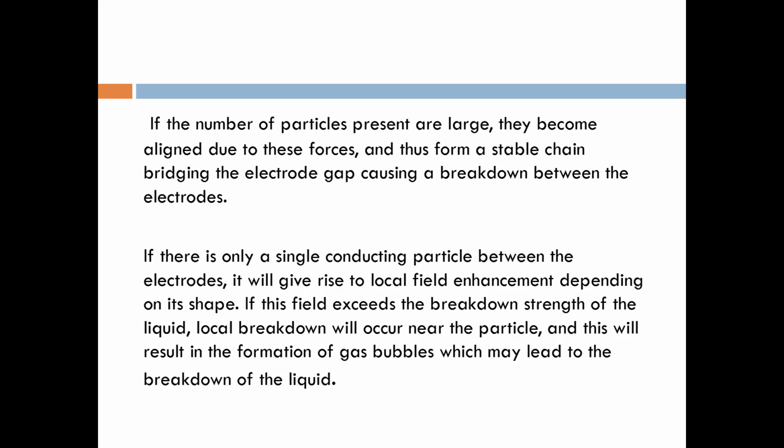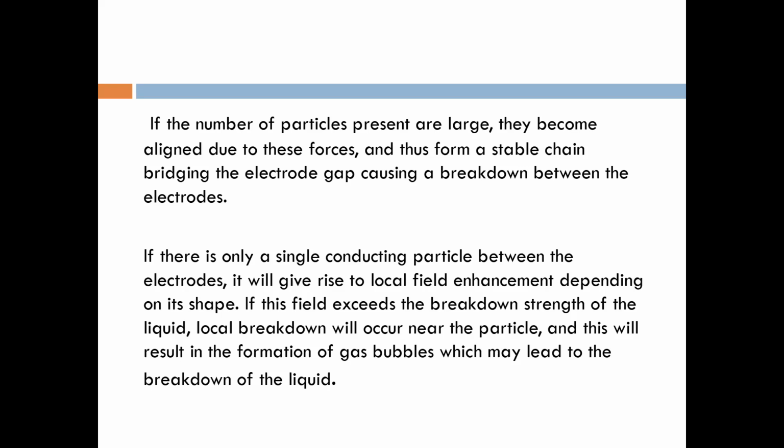In the first case, we have seen a large number of particles present. In the second case, there is only a single particle available between the electrodes. It will give rise to local field enhancement depending upon its shape. The shape of that single particle is going to affect the breakdown in the commercial liquid.